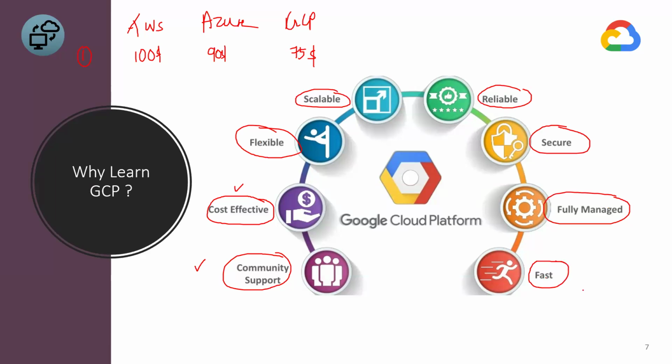So this is the reason that most of the companies started utilizing Google Cloud Platform, guys. When the companies started using GCP, there will be plenty of opportunities. When there are plenty of opportunities, we must learn that particular course, go for the job, crack it and get as many offer letters as possible. So that is the agenda.